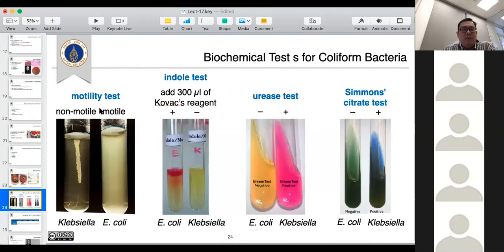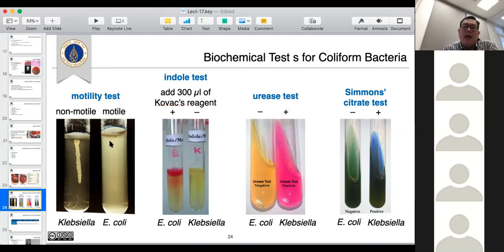The first one, we perform the motility test. In this test, we need semi-solid media, and we stab bacteria two-thirds of the depth of the media. This is the stab line. If you observe bacteria grow only at the stab line, that means bacteria cannot move; they just grow in this area.